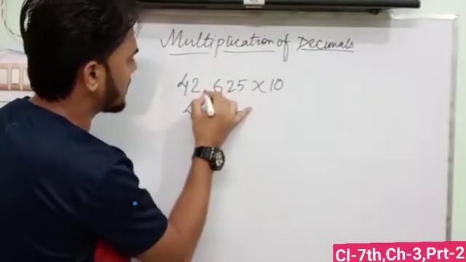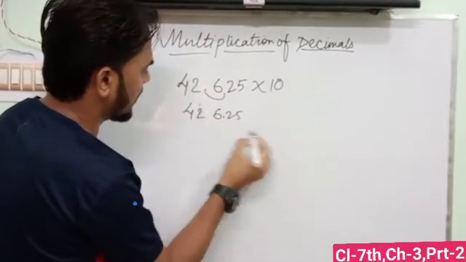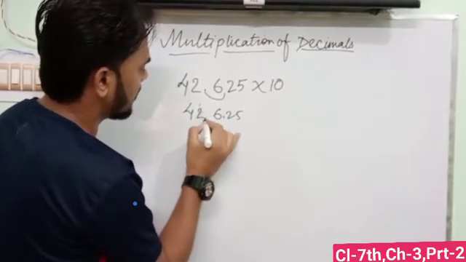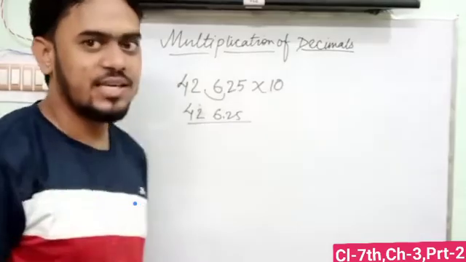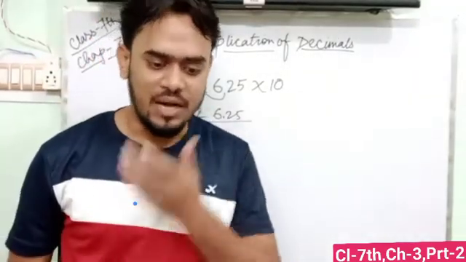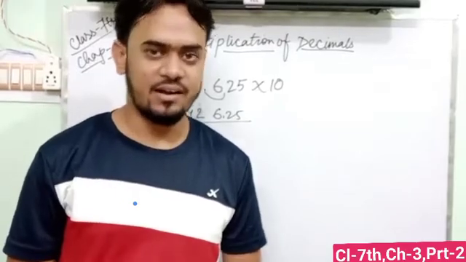The decimal will come here, so the result is 426.25.